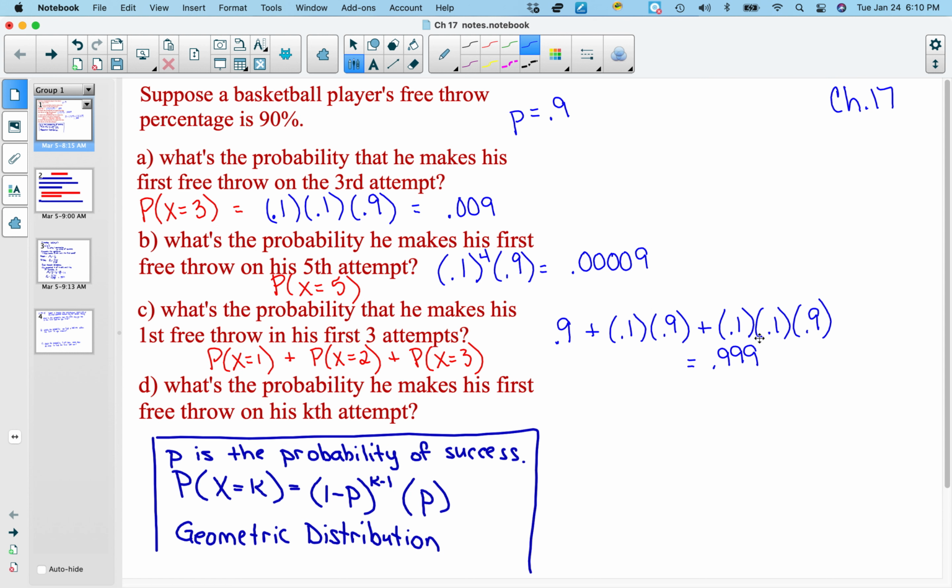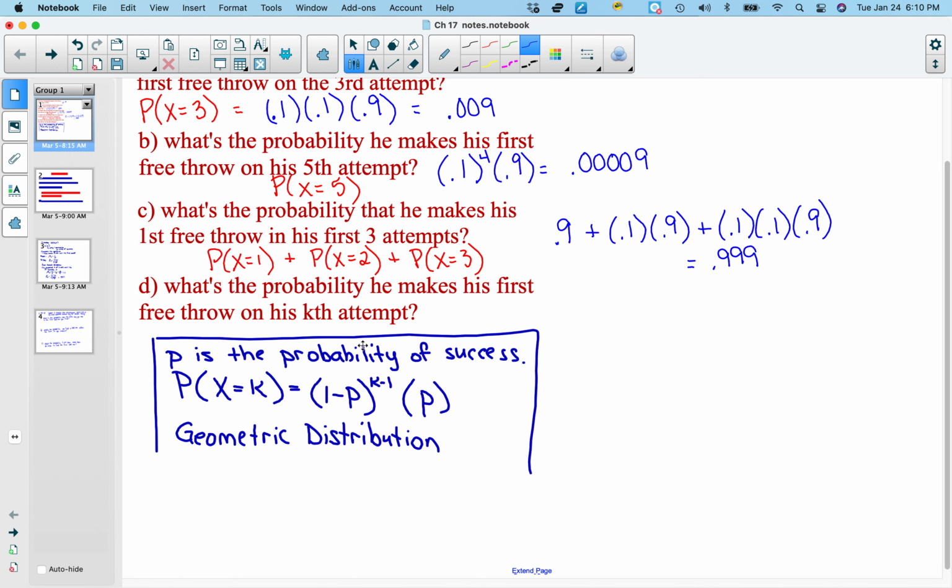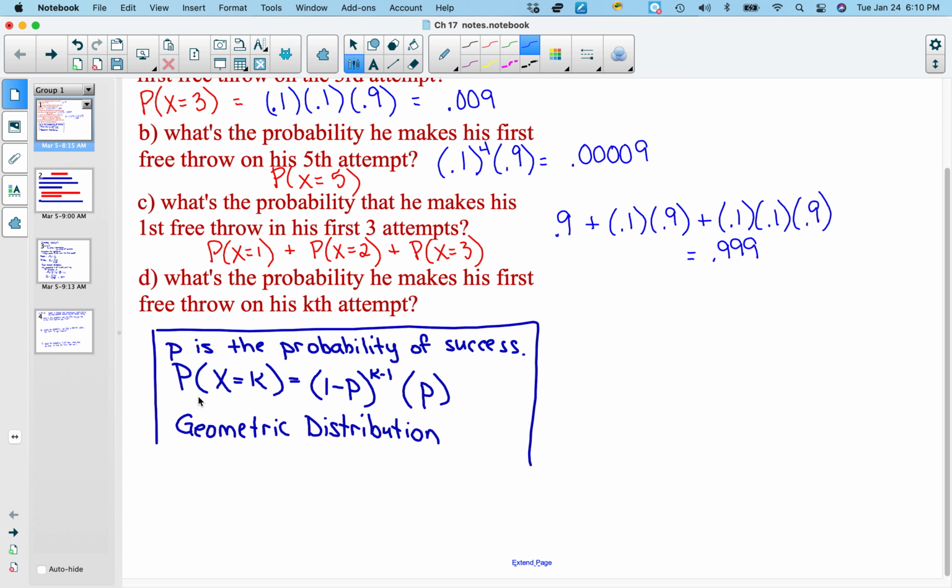So again, pretty intuitive to do these. Then this next part D, I ask, what's the probability he makes his first free throw on his kth attempt? So now I'm introducing a variable. Now all of a sudden I've got this definition where P is the probability of success, and in our case it was 0.9. So instead of saying the probability that X equals 1 or 2 or 3, now I'm saying the probability that X equals k.